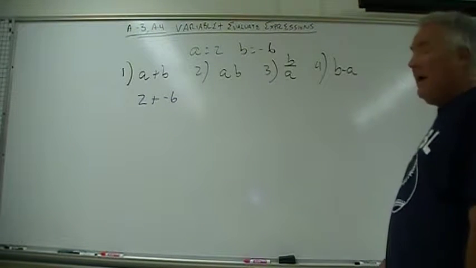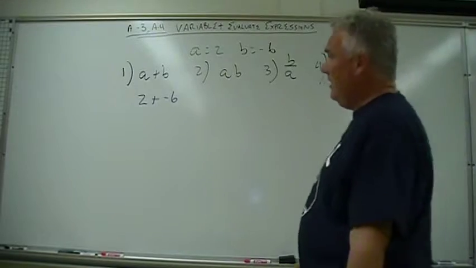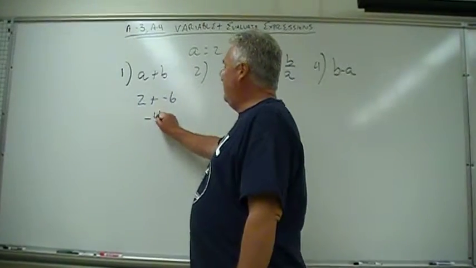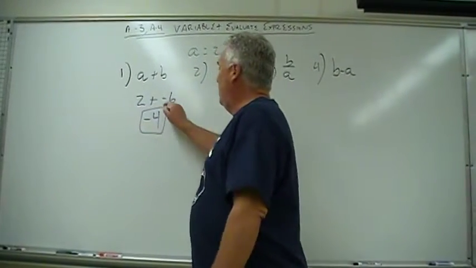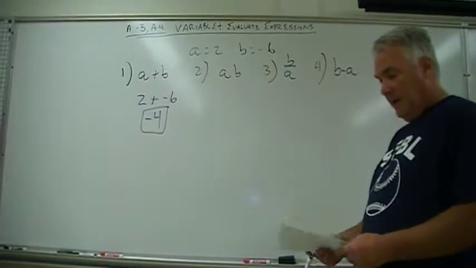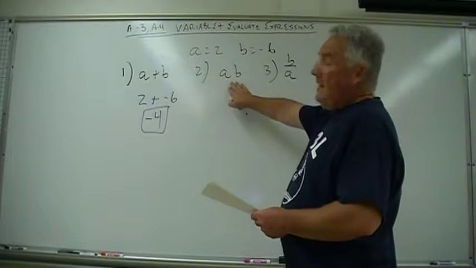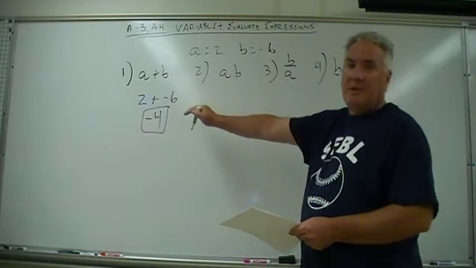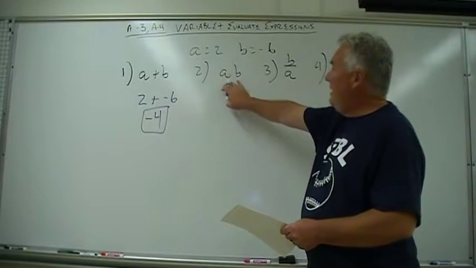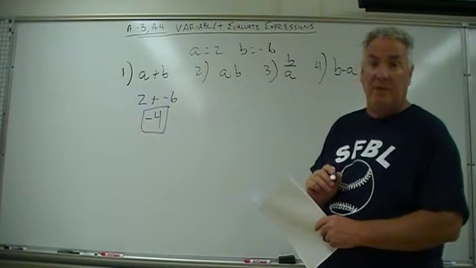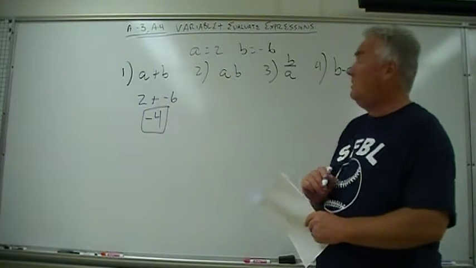And so now it's just doing the math that we know how to do, and it becomes an integer problem with an answer of -4. Okay? Now we have AB. Guys and girls, if you don't know this, A and B, A times B is what that means when they're next to each other.